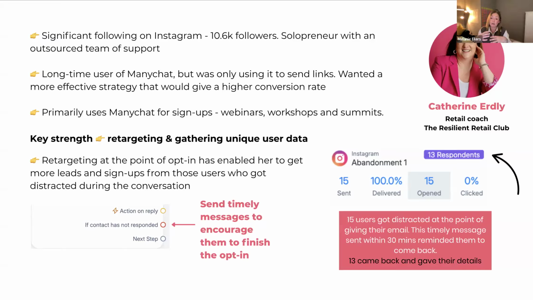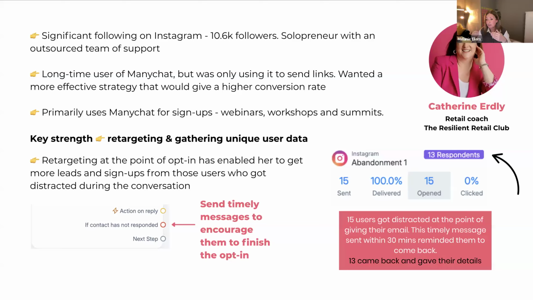And just to show you some of the stats that Catherine is getting, for example, this abandonment sequence here: 15 were sent, 15 were opened, 13 of them responded. So we are not talking massive numbers here. She has a considerable following, but not everybody opts into everything that she wants. But for her, 15 lost leads would be quite considerable.